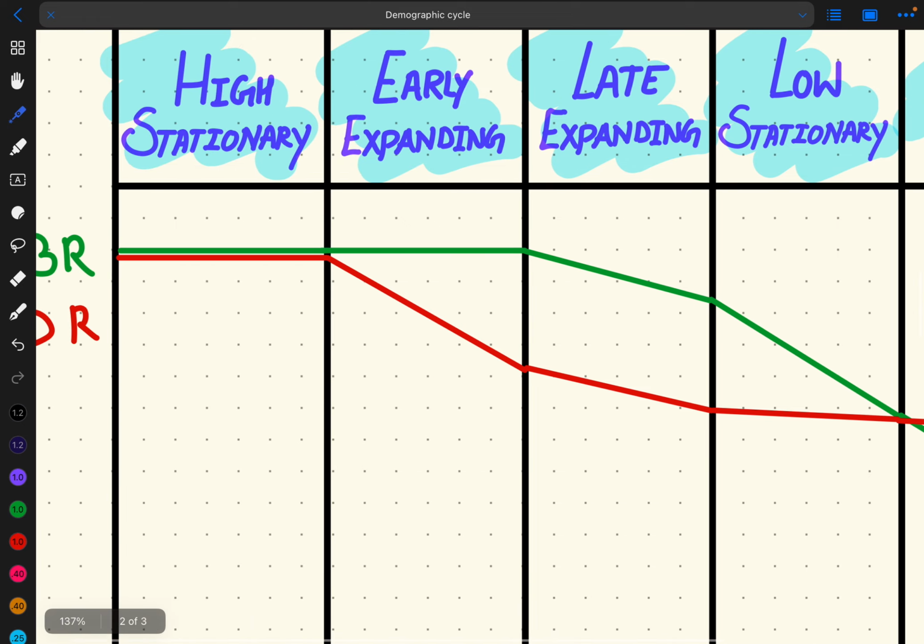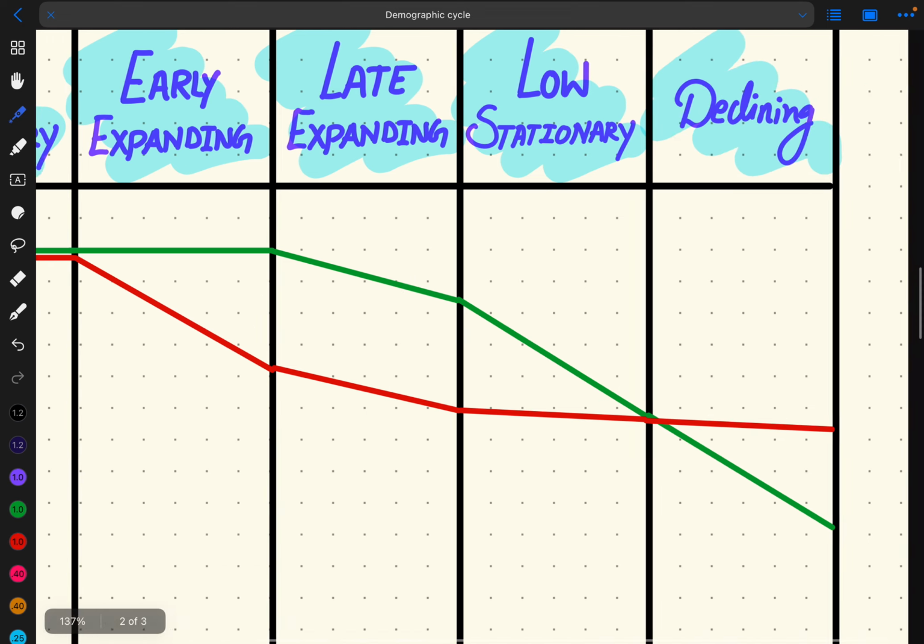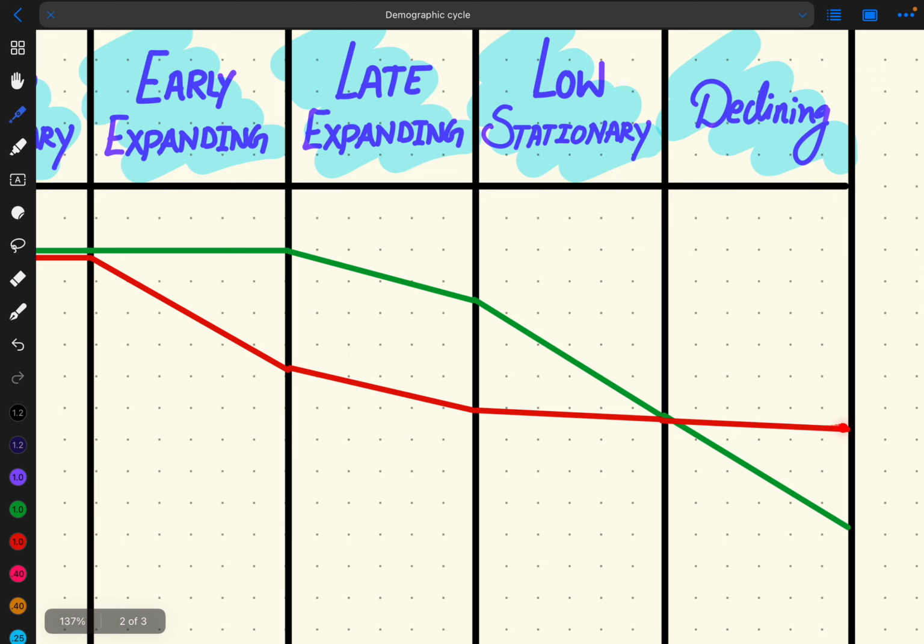And death rate in high stationary is the same as birth rate, meaning both are growing at a constant pace. But in early expanding death rate dips gradually, making a gap. And here the older population is less because death rate is at a higher pace, and birth rate is constant. So your death rate is decreasing.